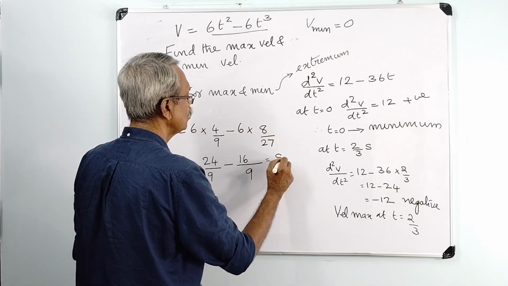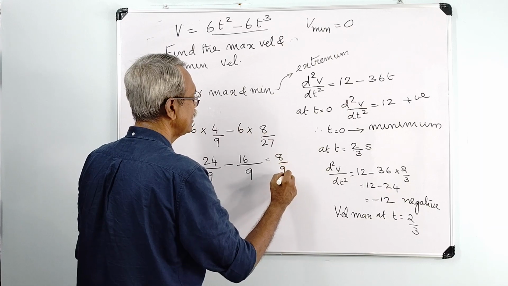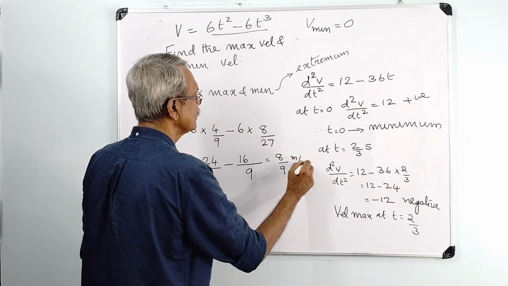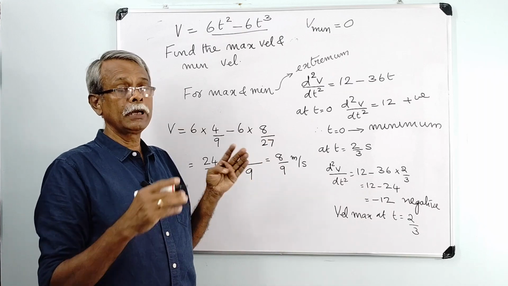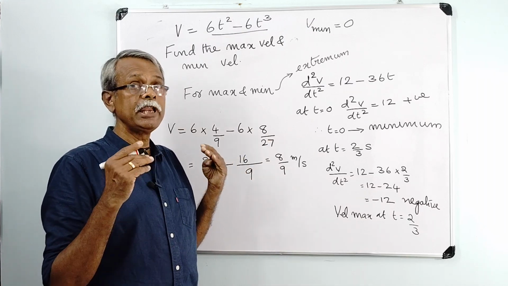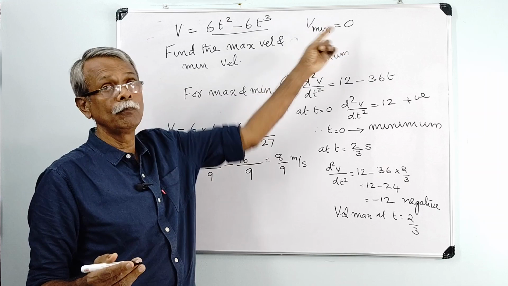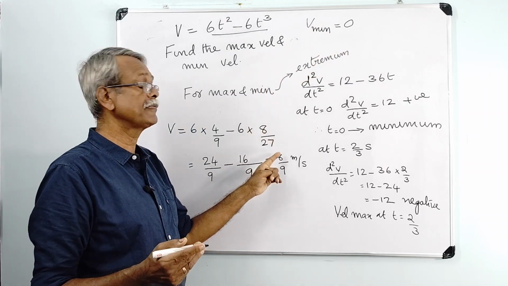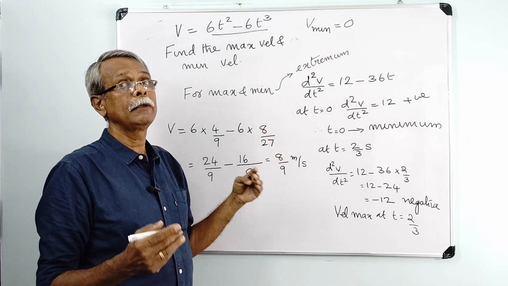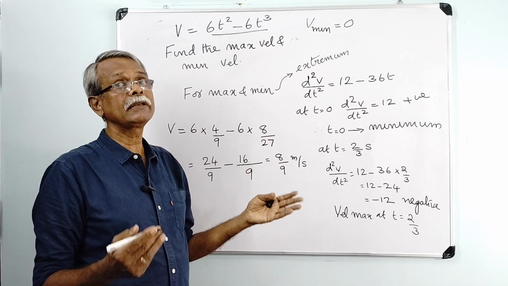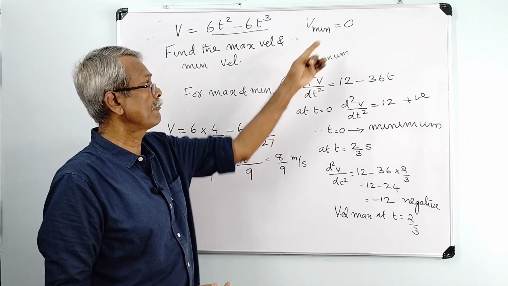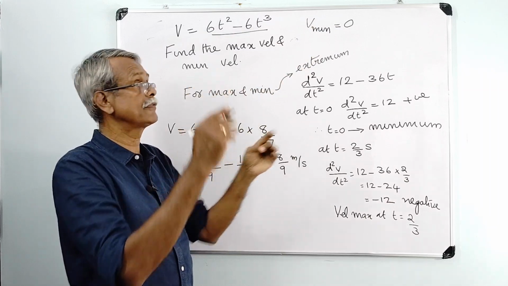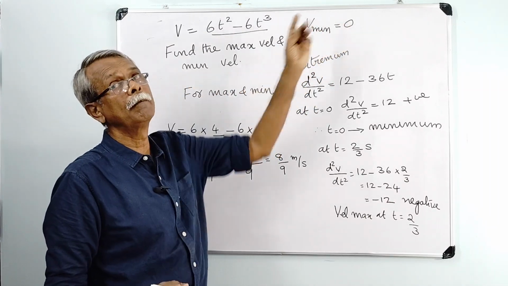Therefore this is equal to 8 divided by 9 meter per second. That is the maximum value. Therefore, in that motion, the minimum value is 0 and the maximum value is 8 divided by 9 meter per second. After that, the velocity will decrease because this is maximum. After this, the velocity will increase because this is minimum.